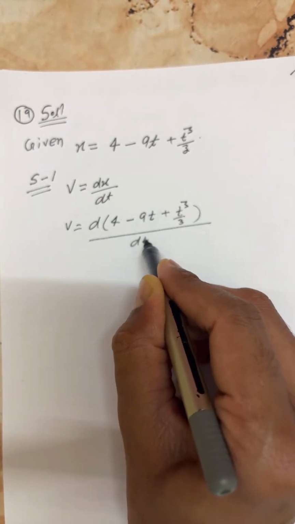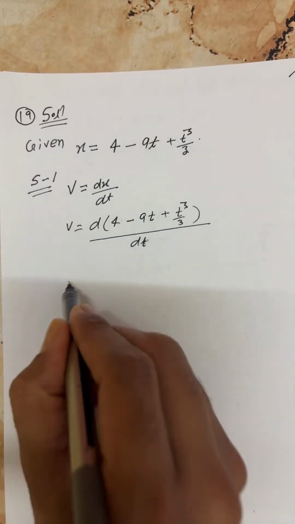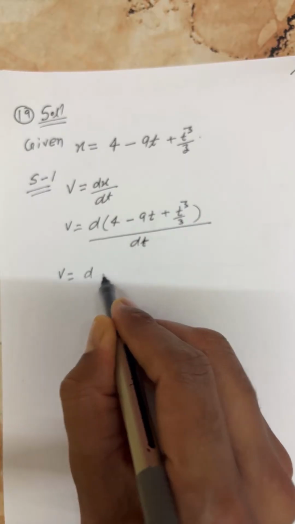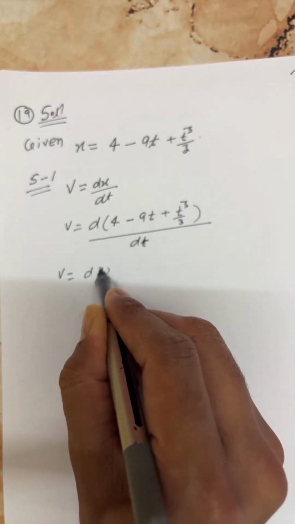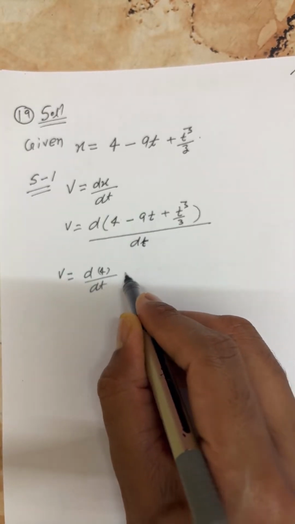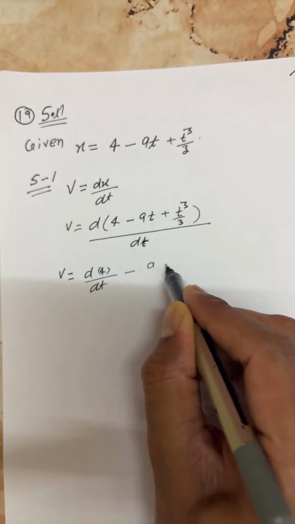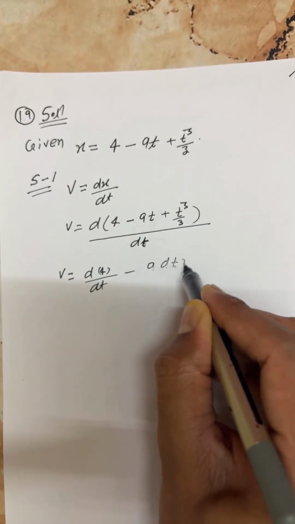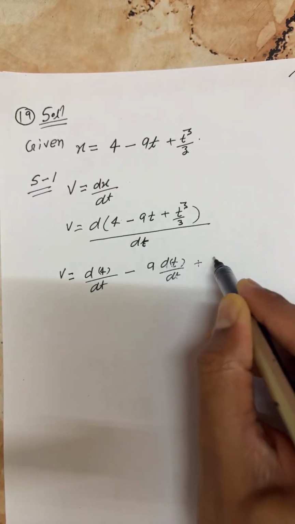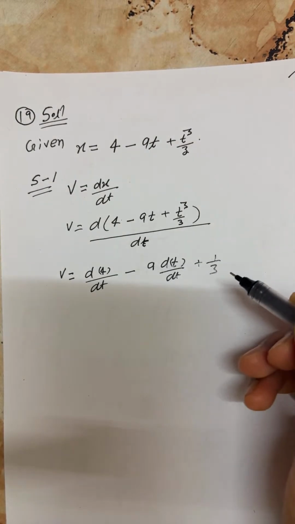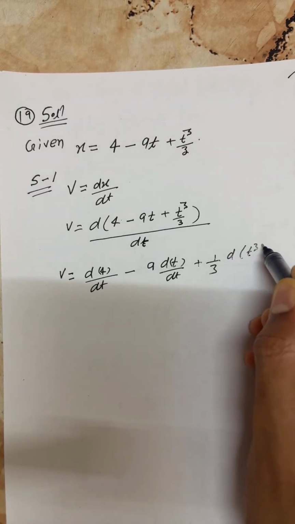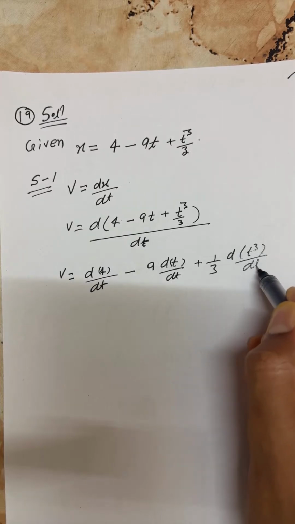For your convenience, you can open the entire bracket, it's easier to understand. So this is the differentiation of 4 with respect to dt, minus 9, I can take it out, it's a constant, times the differentiation of t with respect to dt, plus you can take 1 by 3 out, differentiation of t cubed with respect to dt.